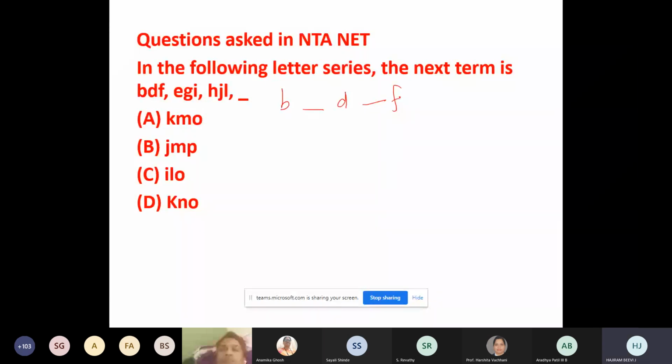So one letter is missing each time: B, C, D, E, F. Here E, F, G, H, I. Here H, I, J, K, L. Okay, so what will be the next one? K, L, M, N, O, which means KMO.